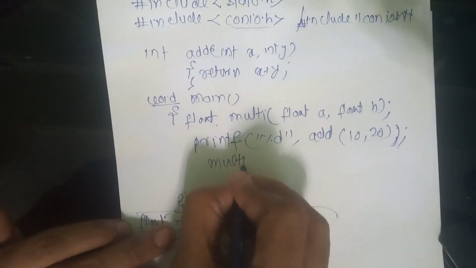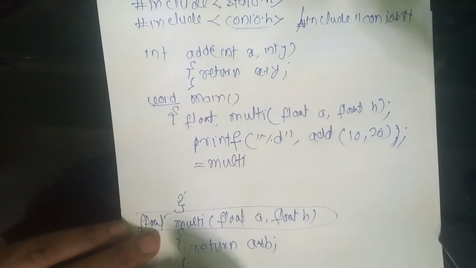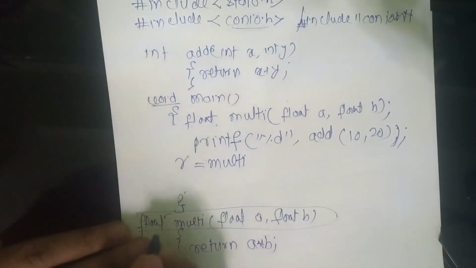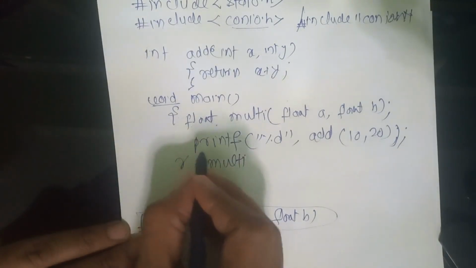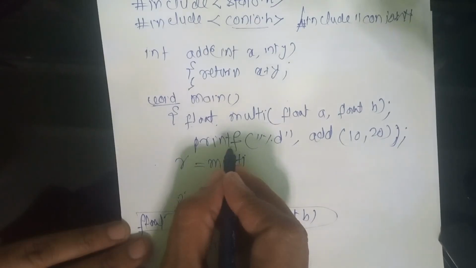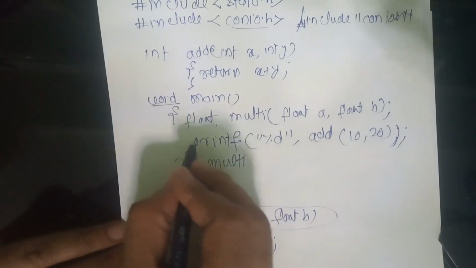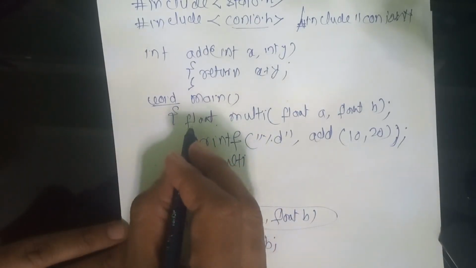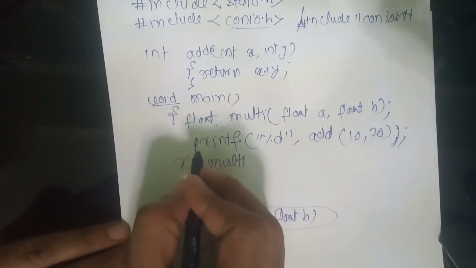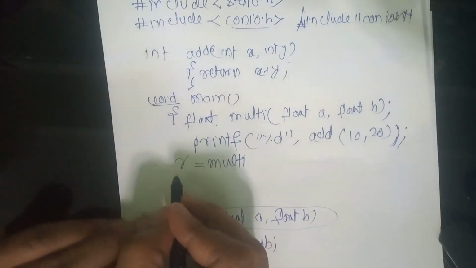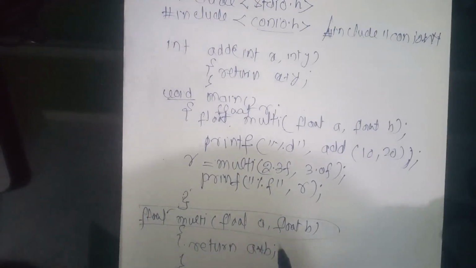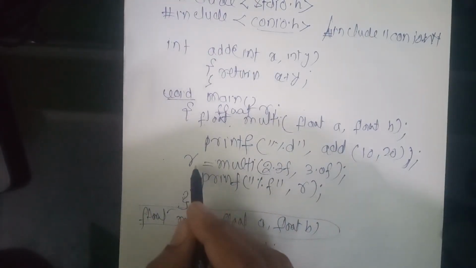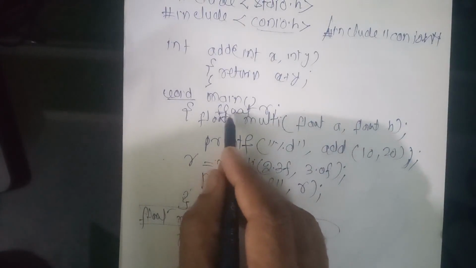Because it is returning a value, you have to declare, say, r, but here you cannot write float because you have written one more statement, printf. If you have started writing statements which are not declarations, then after that you cannot declare any variable. So this r must be declared in the beginning of the function, in the declaration section.